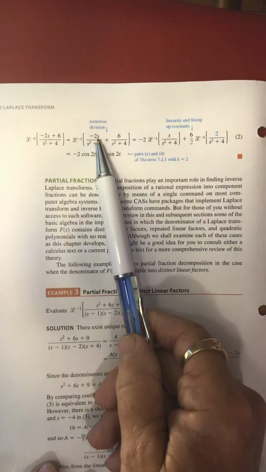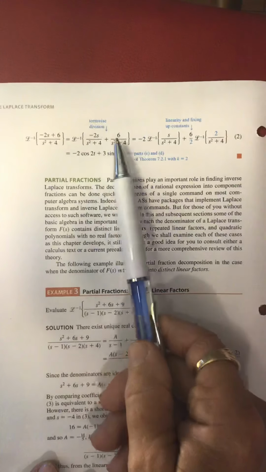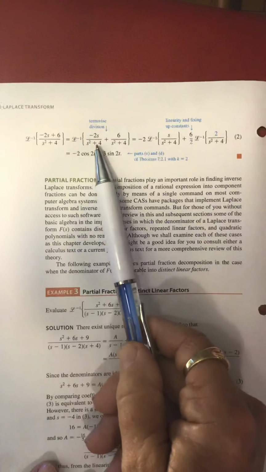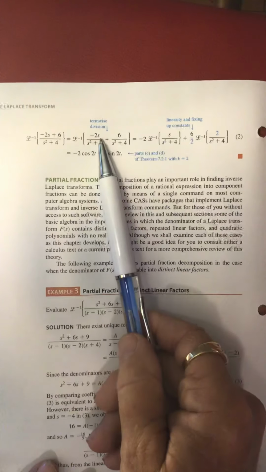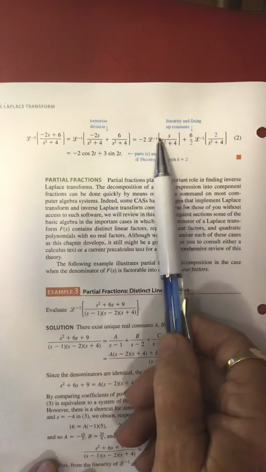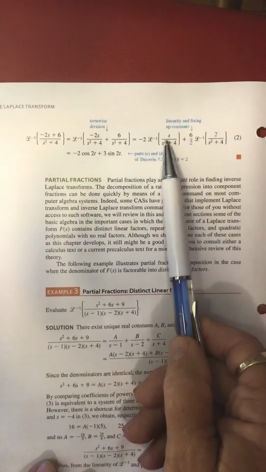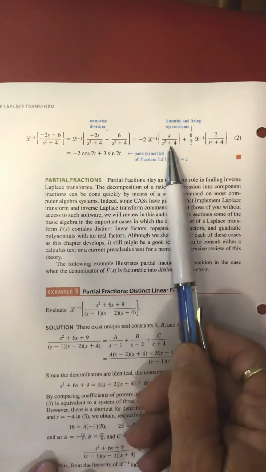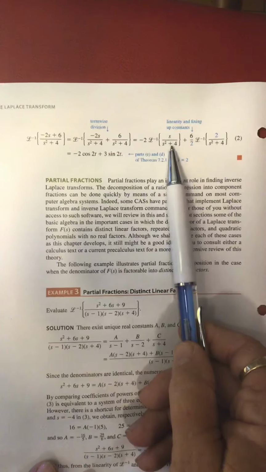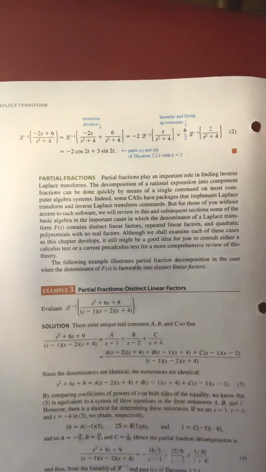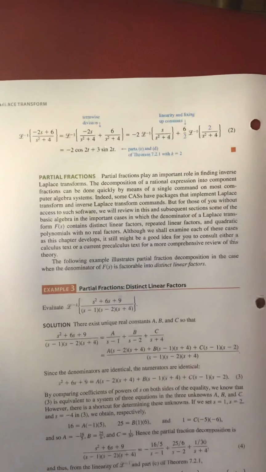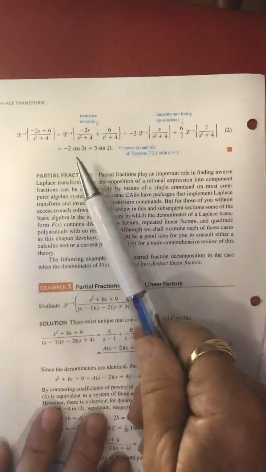So we have two formulas that involve s squared plus k squared. One has a variable on top. To make this work, I've got to factor out a 2. Now I've got s over s squared plus 4. That fits one of the rules, the cosine rule.